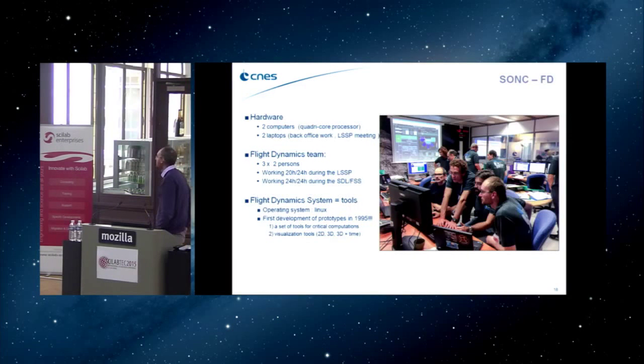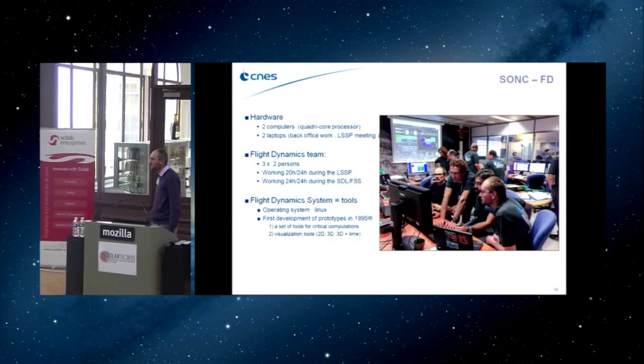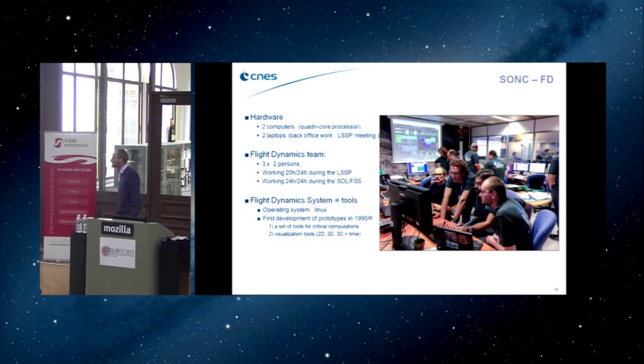So first, on these pictures, you see the control room for the day of the landing. The flight dynamic team is a small team. We are six persons. So we have 2 computers and 2 additional laptops that we are using for the landing site selection process. Actually, we did a lot of Scilab use during the meeting, because we had a lot of requests from people to characterize candidate landing sites.